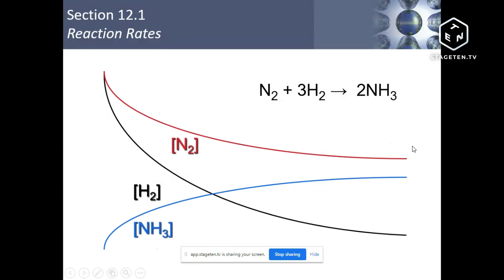Okay. And then eventually, what's this point? If they're all flat right here, what's that point? That's when equilibrium gets established, right there. The rates are equal. The rates of the forward and the reverse reaction are equal so that the amounts of the products and the reactants remain constant, right? That's what equilibrium means, okay?